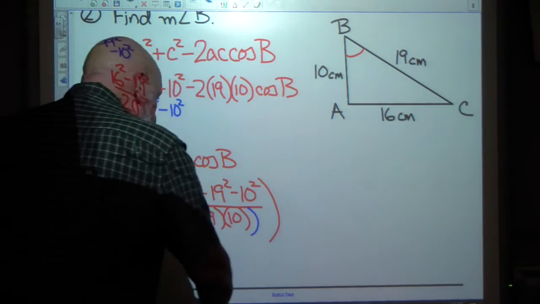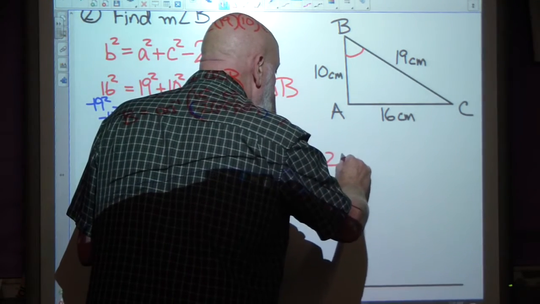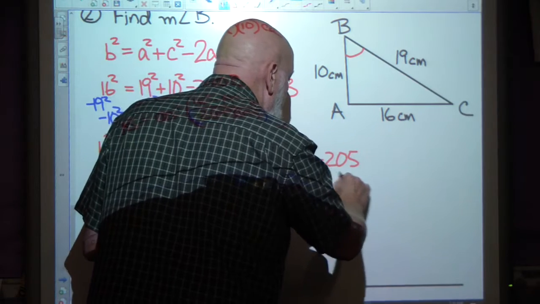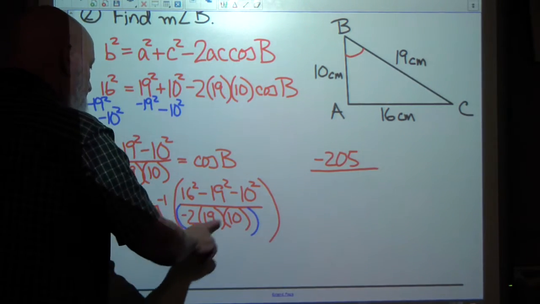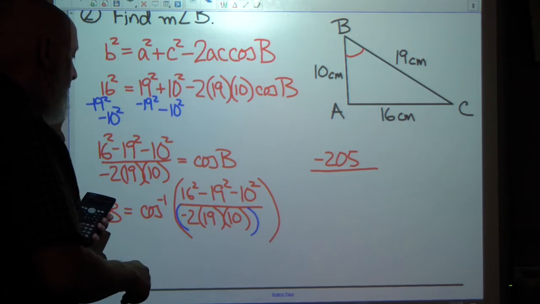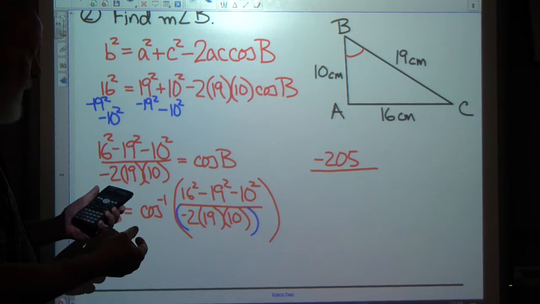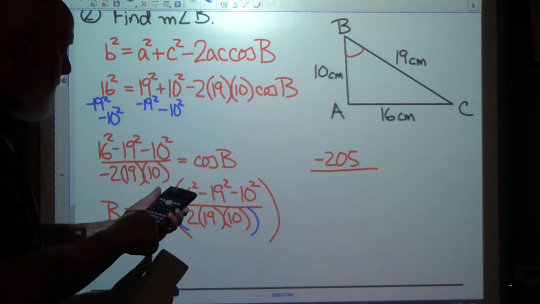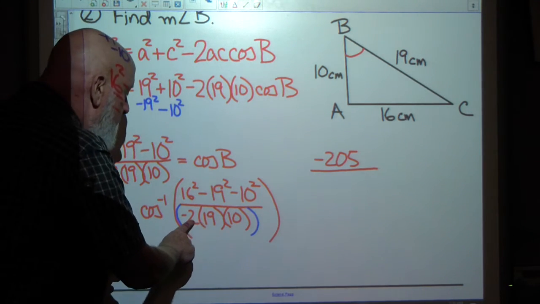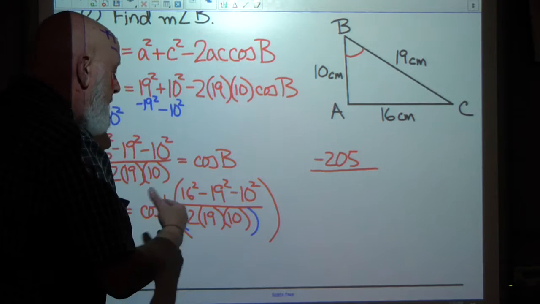And if you wanted to write it like this, here's the top of my fraction. Simplify. Divided by, and you could multiply all this together and then take the inverse cosine of it. You might like to do it like that. This is 2 times 19 times 10, and it'll be negative.